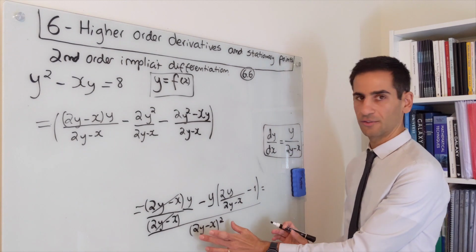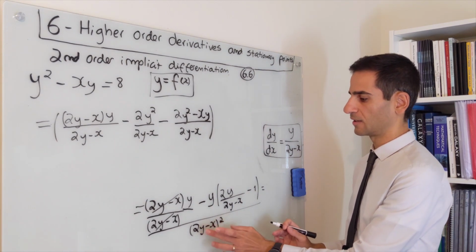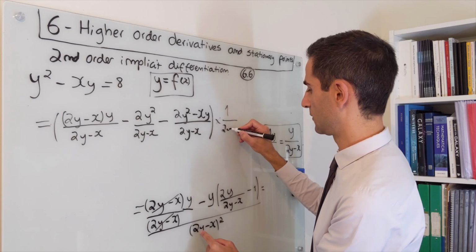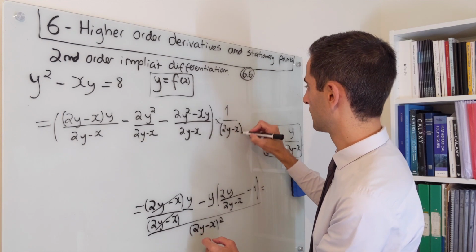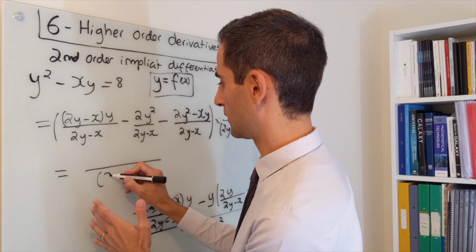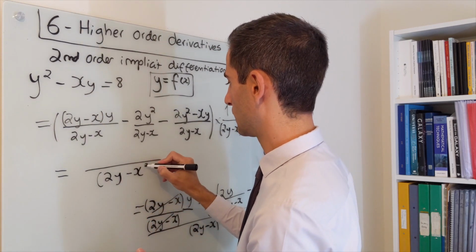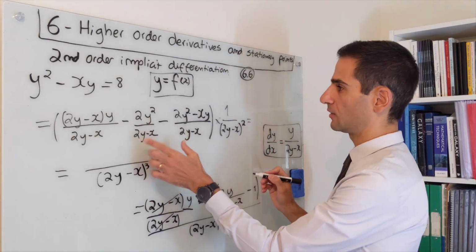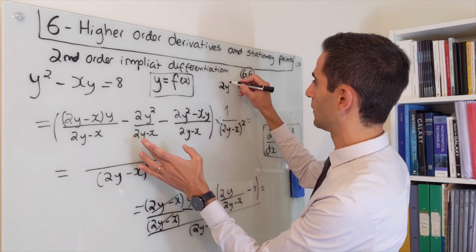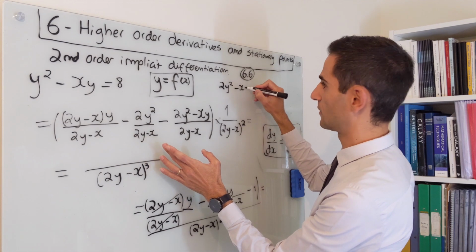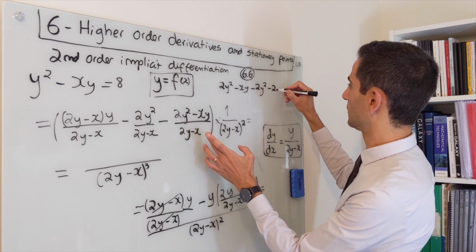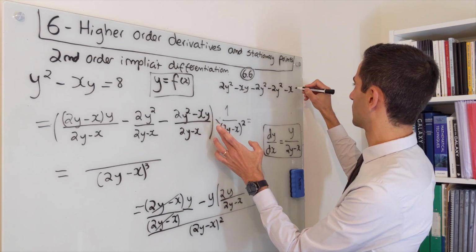And because we're dividing everything by 2y minus x squared, this is the same thing as multiplying by 1 over 2y minus x to the power of 2. So we'll see that we can write this as something divided by 2y minus x to the power of 3. And on top, we can have a look at what we have. We have 2y squared minus xy minus 2y squared minus 2y squared minus xy.